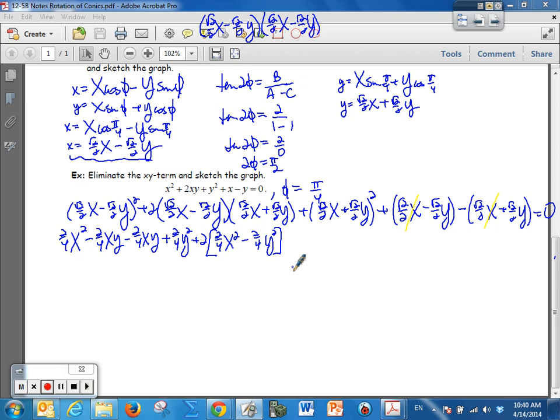Here, again, I would want to draw that out and write it on scratch paper so I can look at it. Root 2 over 2x plus root 2 over 2y, times root 2 over 2x plus root 2 over 2y.